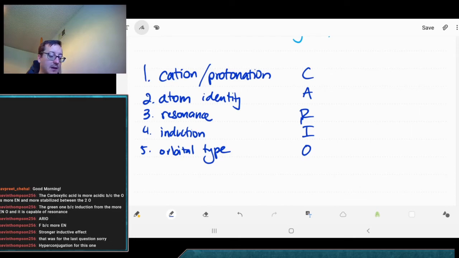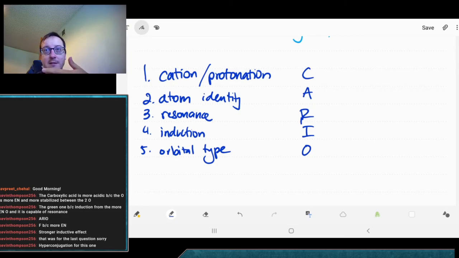You might be saying, okay, well, neither of them are cationic. That's out the window. Are they attached to the same atom? Is one of them on a sulfur, the other on an oxygen? Sulfur is going to win. Is one on an iodine, one on a fluorine? Iodine's going to win. One on a nitrogen, one on a carbon? Nitrogen's going to win. So, important things there.